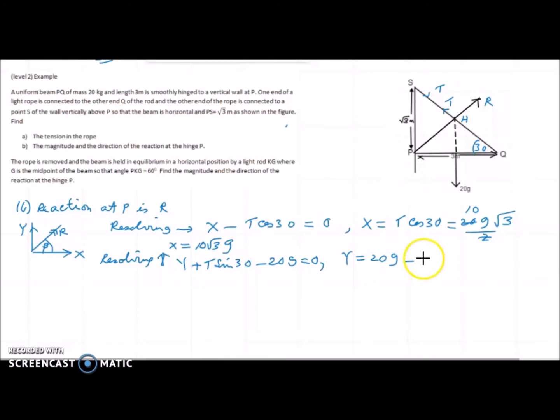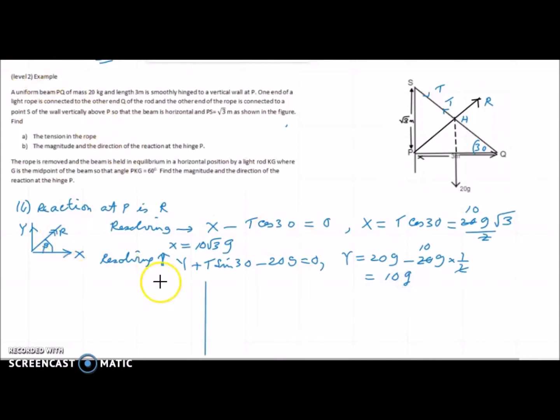What is T? T is also equal to 20g. 20g into sin 30, that is 1 over 2, so 2 cancels with this, and we get 10g. That is Y equals 20g minus 10g, that is 10g. Y equals 10g.